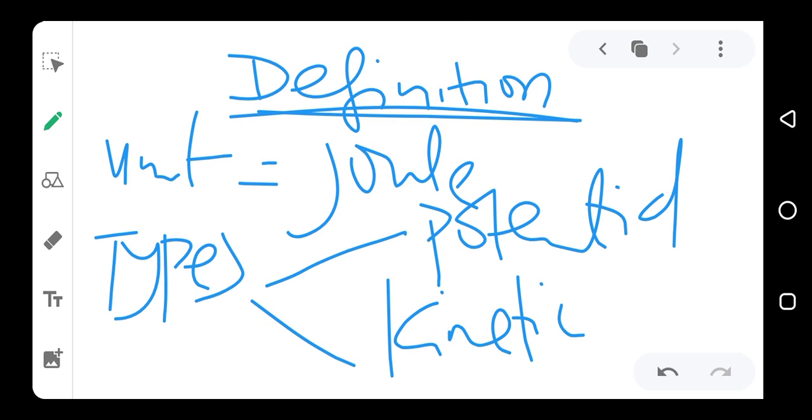Now, in the forms of energy, we have many forms of energy.